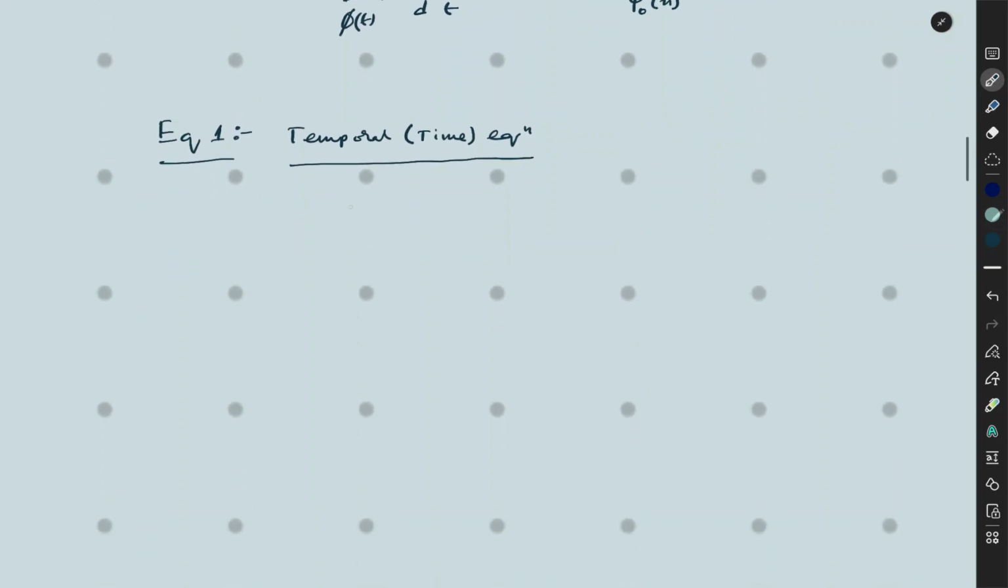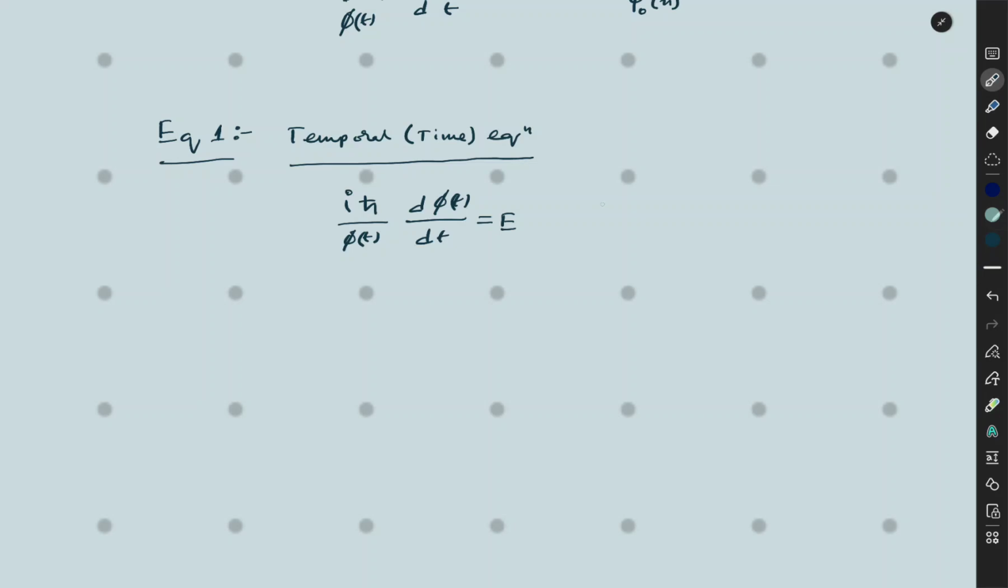So which one is it? It is iota h cut upon phi of t into d phi of t upon dt, which is equal to E.